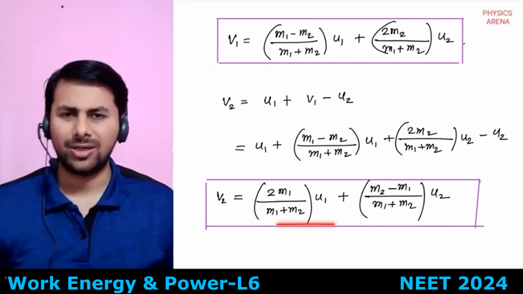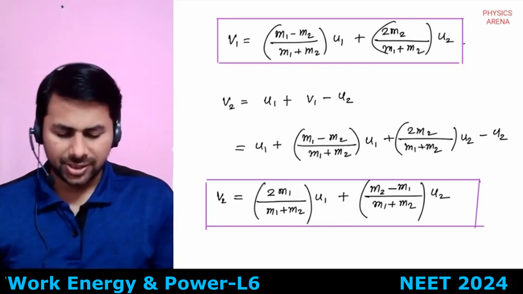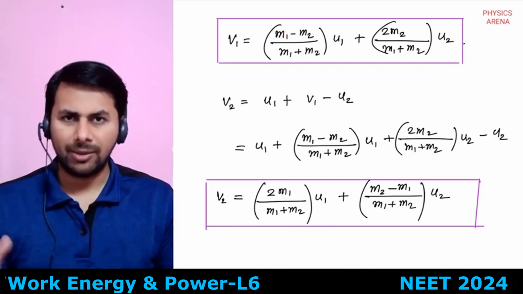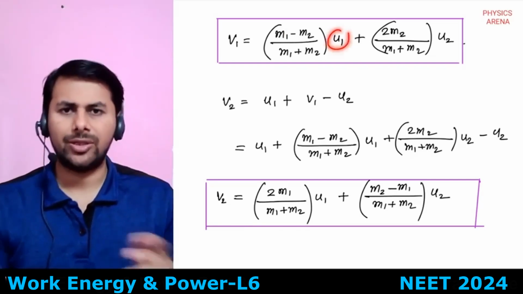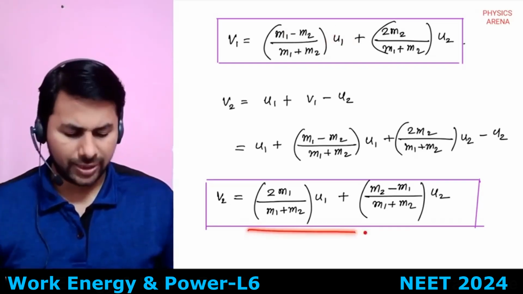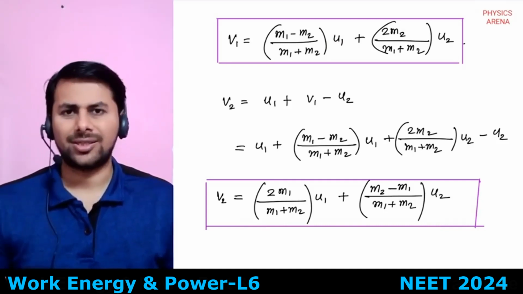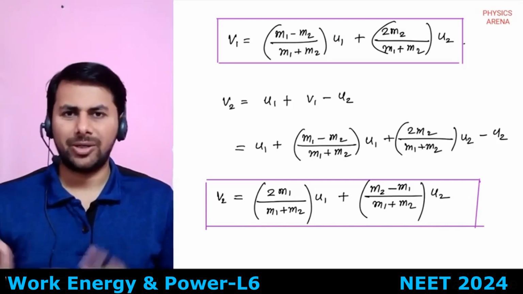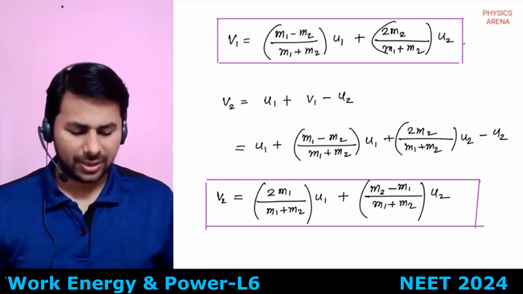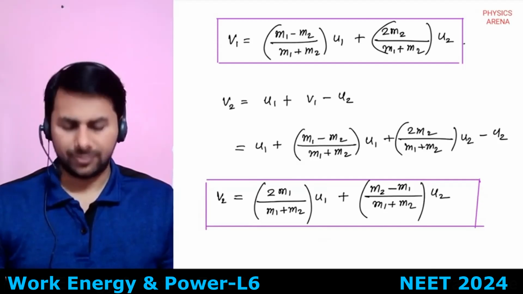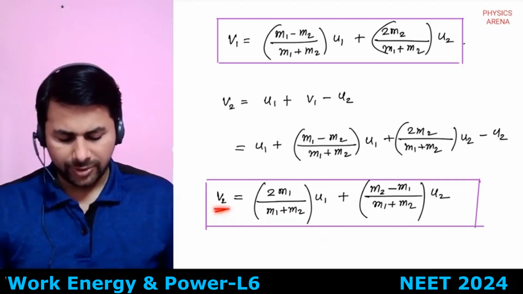How will you get the second formula? Just replace m1 by m2 and m2 by m1, and u1 with u2 and u2 with u1. That's a trick. In case you remember the first one but not the second, this is how you will find the second one. So what is v2?